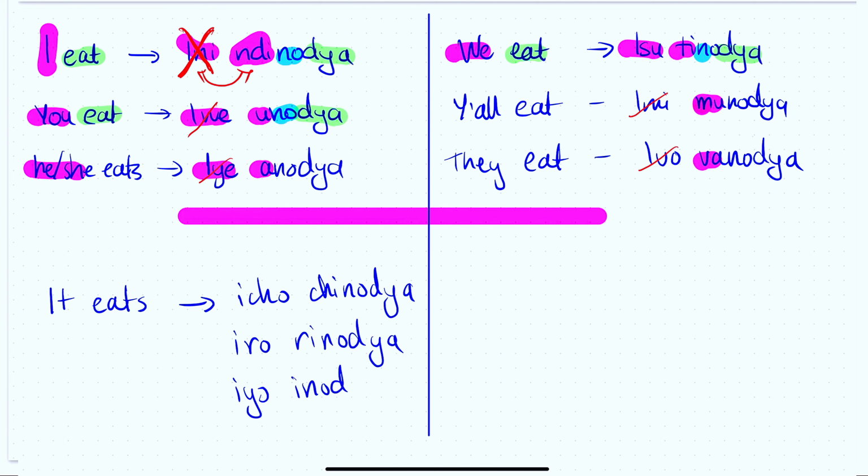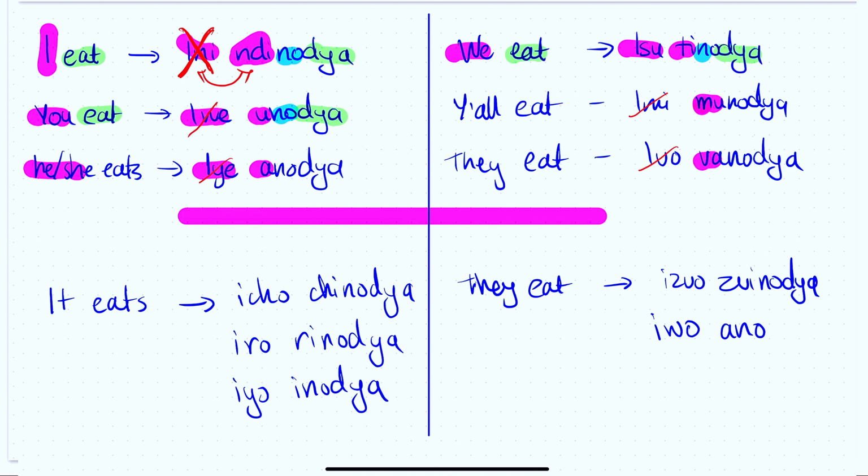The plural counterparts would be they eat, izo zvinodya, iwo anodya, idzo dzinodya.